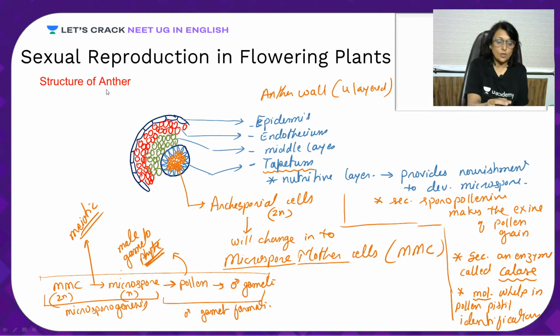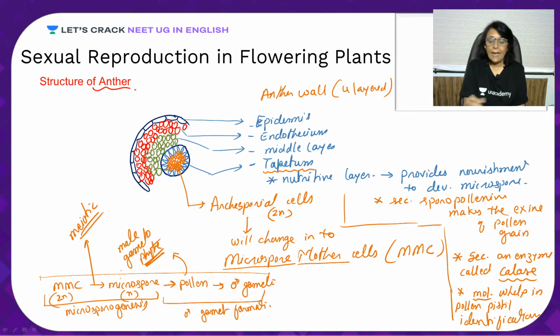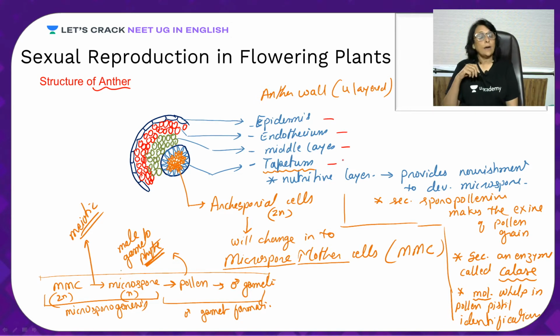This slide is from our previous lecture. This is the structure of anther that we studied, and these are the 4 layers of our anther wall: epidermis, endothecium, middle layer, and tapetum. Tapetum is the nutritive layer.